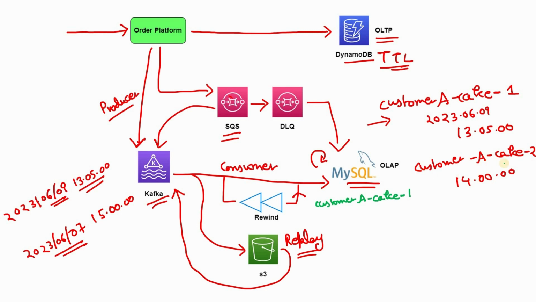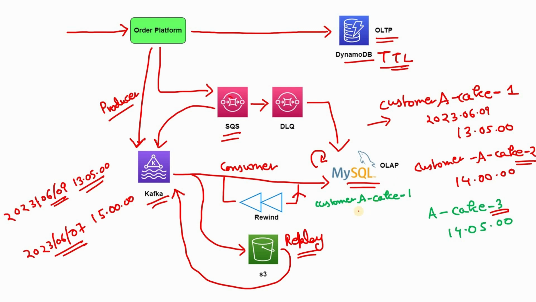Now he changed the order quantity to 2. But suddenly he thought, I might need one more. So the same customer A changed the order quantity for the cake to 3 at 14:05. So first he made one actual order, then updated it to 2, and then updated it to 3. So two updates, one insert.